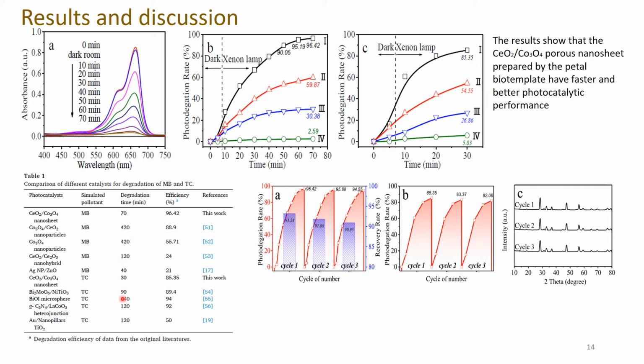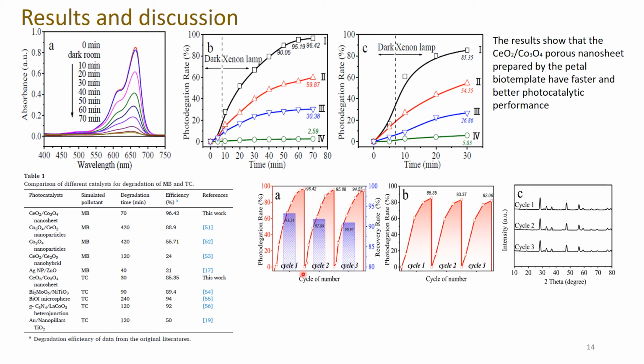And this is compared to other journals, and it still has high efficiency, 96 point something, which proves it is better than the other journals. Even though this TC degradation of 85 is not better than the others, it still has high performance.